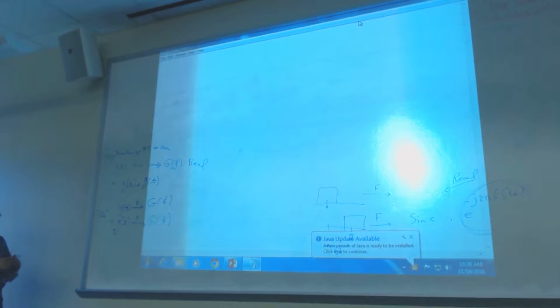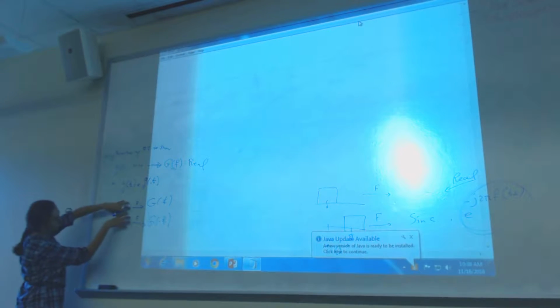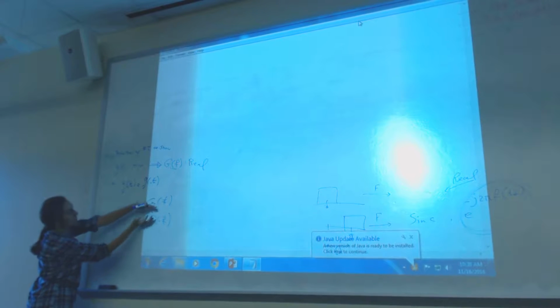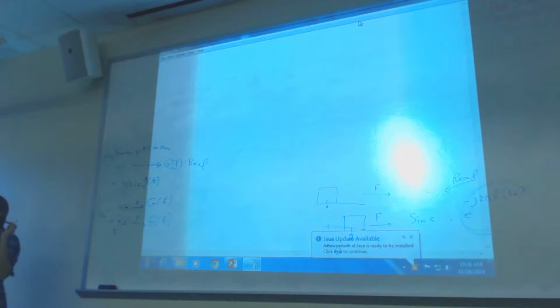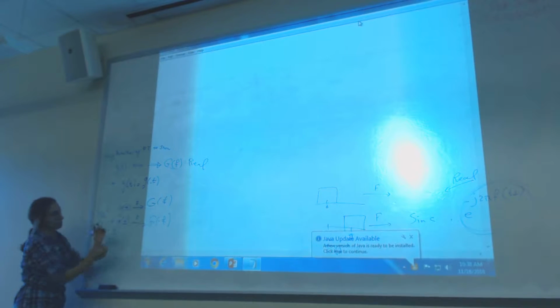Okay, good. So now if these two are equal in the time, g of t is equal to g of minus t, what do you conclude? Yes. So if these two signals are equal, the Fourier transform is also equal. Everybody get it? It's symmetric, so these two are equal. So therefore, this side is also equal.